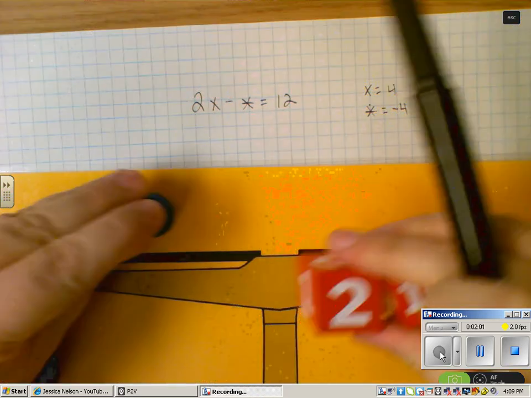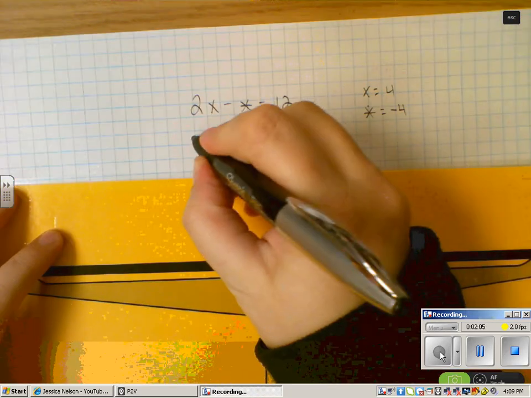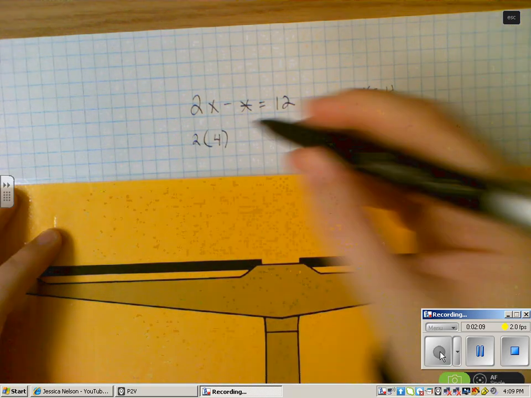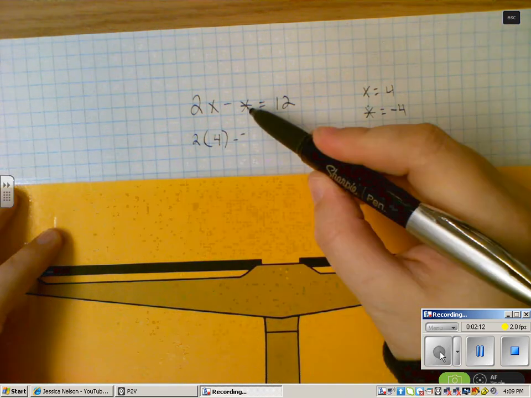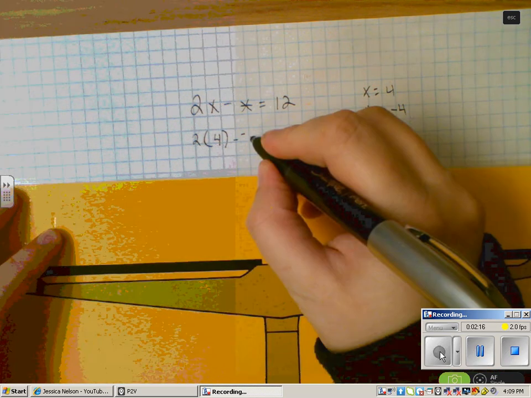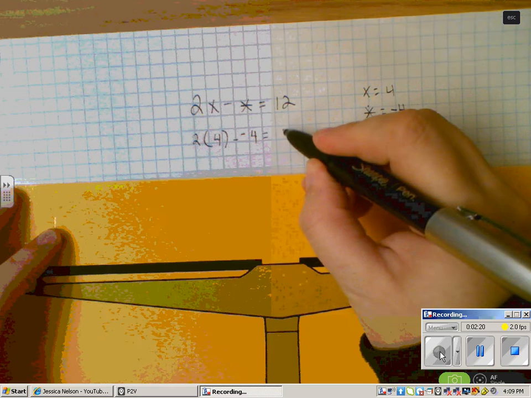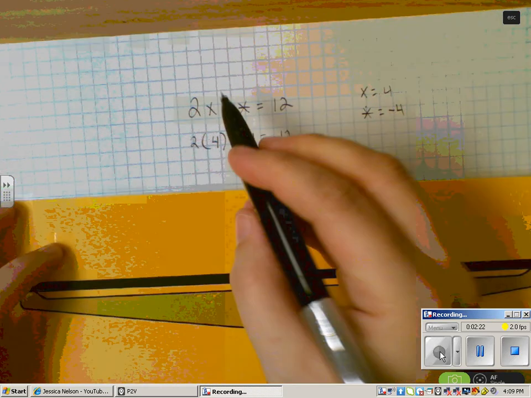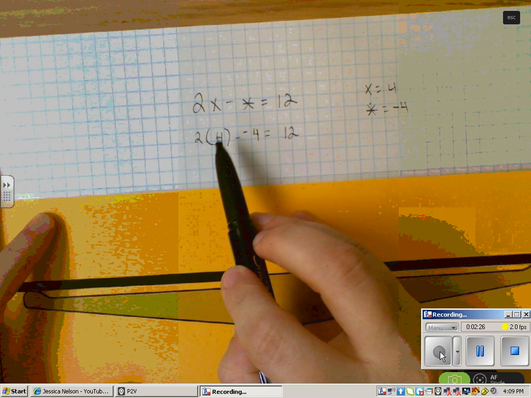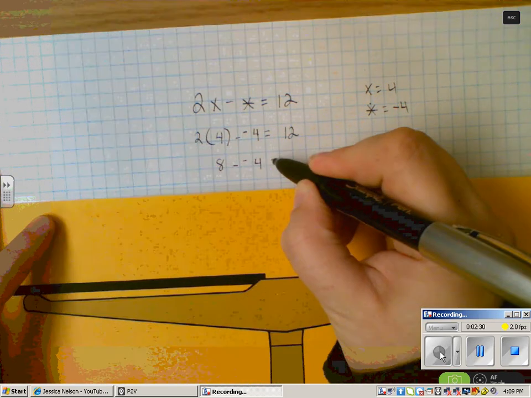Or I can plug it into my equation and say 2 times 4 minus negative, because remember, star is negative 4, equals 12. 2 times 4, order of operations, we have to do our multiplication first, is 8 minus a negative 4 equals 12.